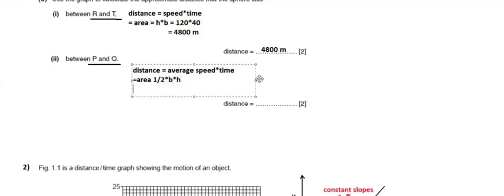So that should be equal to half multiplied by the base, which is 6, and the height was 50. If you do this calculation, it comes out to be 150 meter. Okay, so you can write down over here 150 meter.